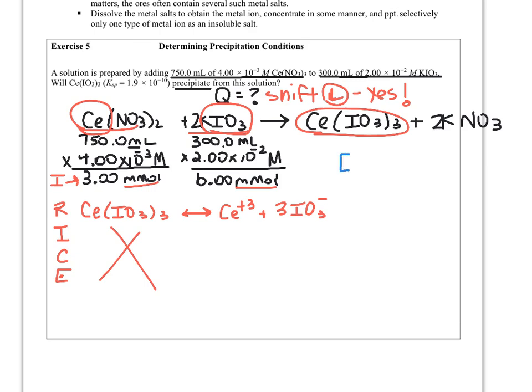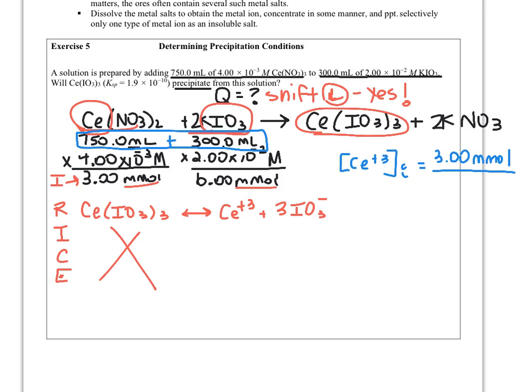The concentration of cerium plus 3, initial, is going to be my moles, which is 3.00 millimoles, divided by my total volume of solution. Now this is what throws students off: my total volume of solution initially is actually both of those added together, because that's the total volume when I combine them.